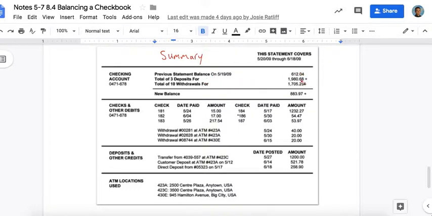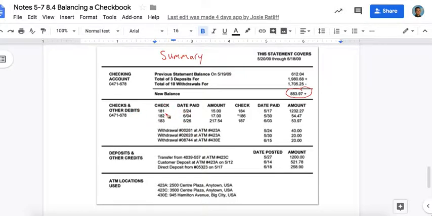It tells us how many deposits we had, so $1,980.68. And it told us we had 10 withdrawals, or payments, of $1,705.25. And our new balance right here is $883.97.